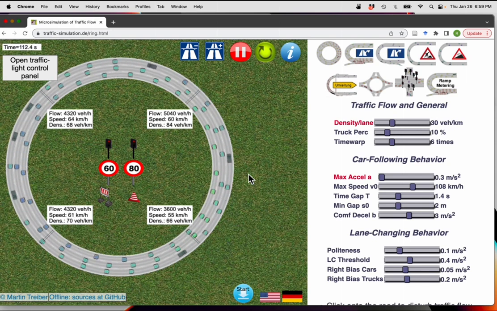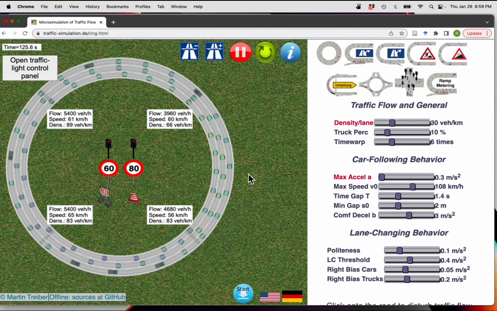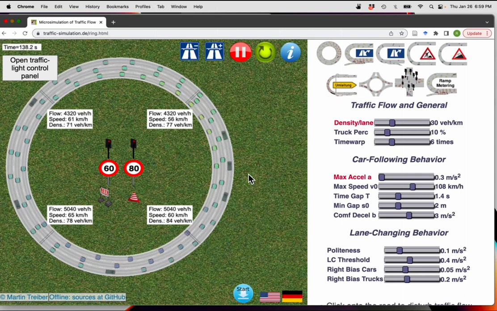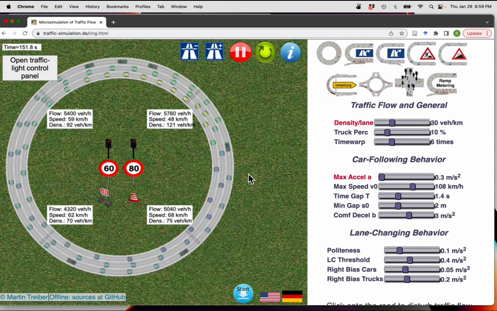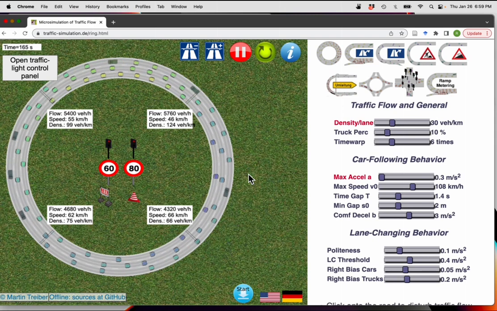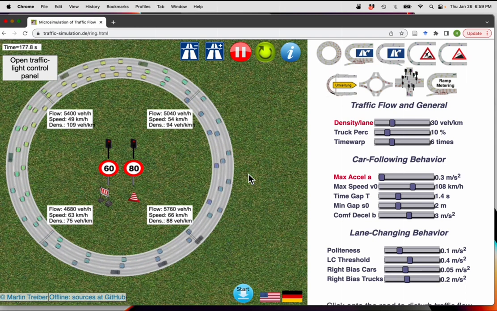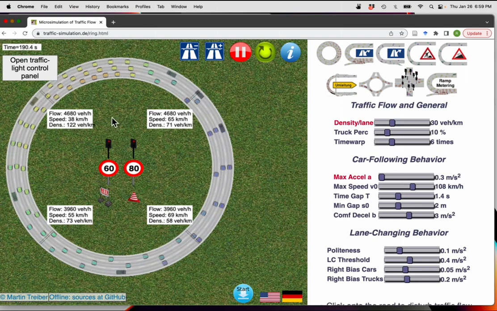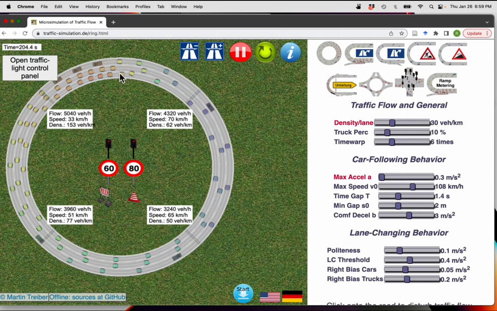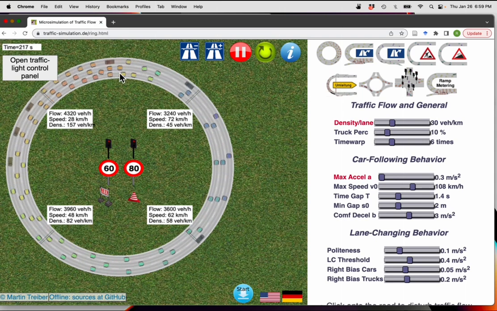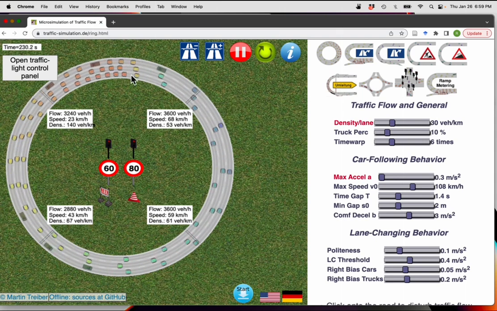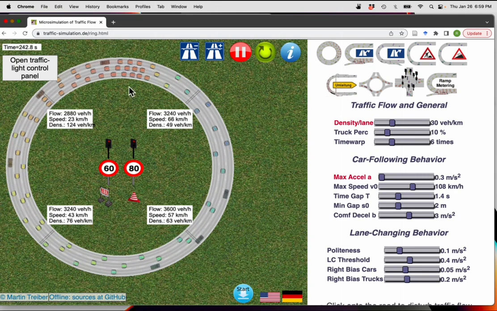But you can still see as this starts to evolve that even though things started out fairly uniform, you can get shock waves, traffic jams that spontaneously form. If we wait here another minute or so, you start to see some congestion. Even though cars are allowed to change lanes, you still get this congestion building up here.